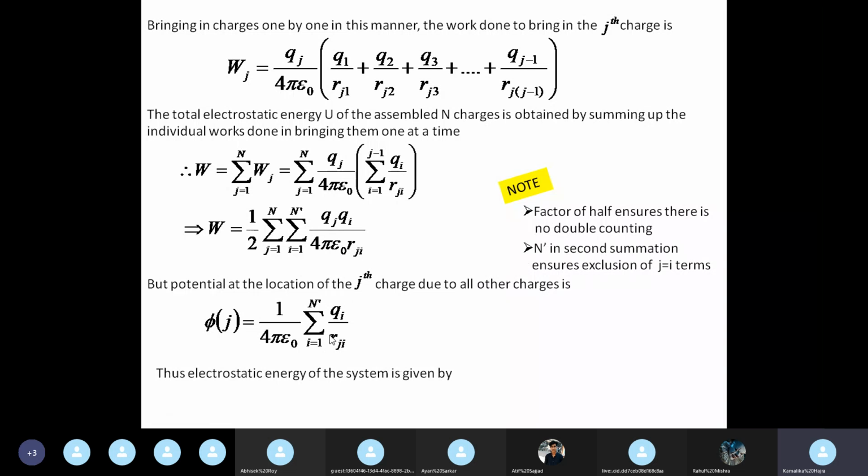So finally, we can write the electrostatic energy of the system, that is the work done in creating the system, as W equal to half summation j equal to 1 to n qj phi j. This second summation is nothing but the potential at the position of the jth charge due to all other charges, so we can replace it and the expression looks simpler.